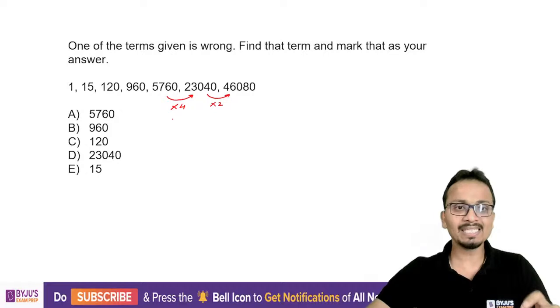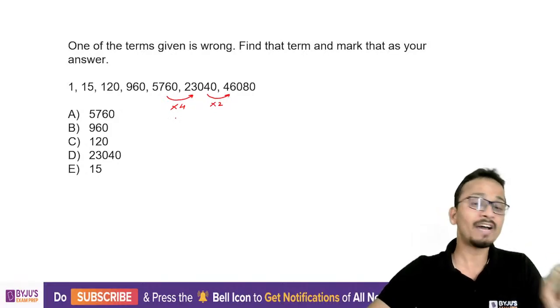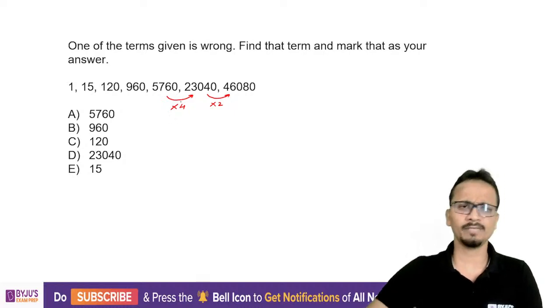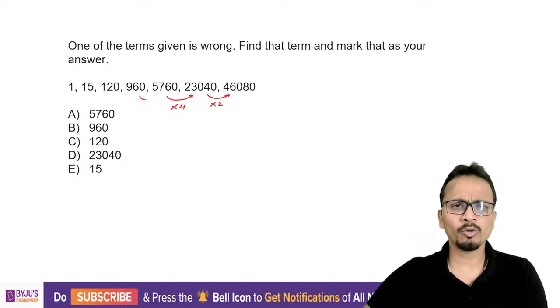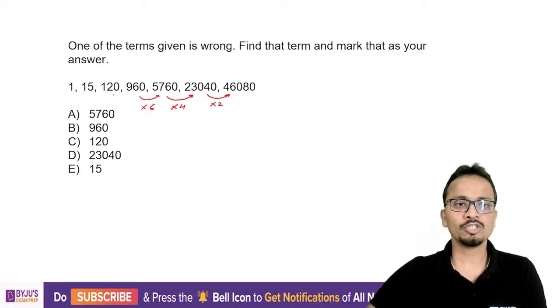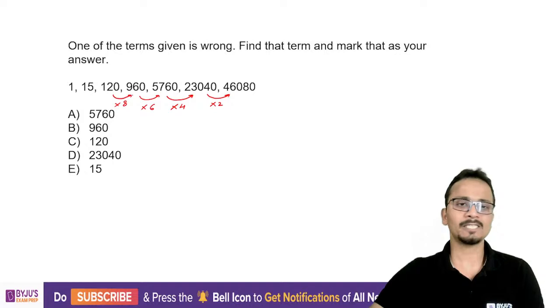So yes, precisely, 5,760 multiplied by 4 is 23,040. All right. Then going to the previous term, 960 multiplied by 6 will give you 5,760. Then 120 into 8 will be 960.